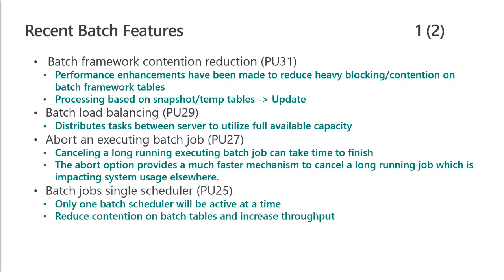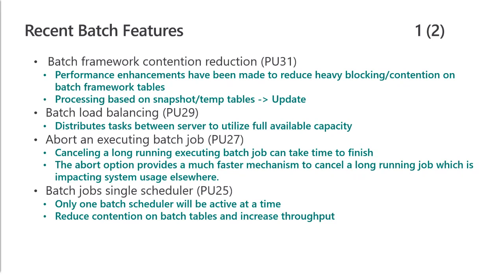We have added a possibility to abort an executing batch job in PU27. So if a batch job is in status canceling, it could still be running for a very long time. And now we have added an option to be able to abort that.